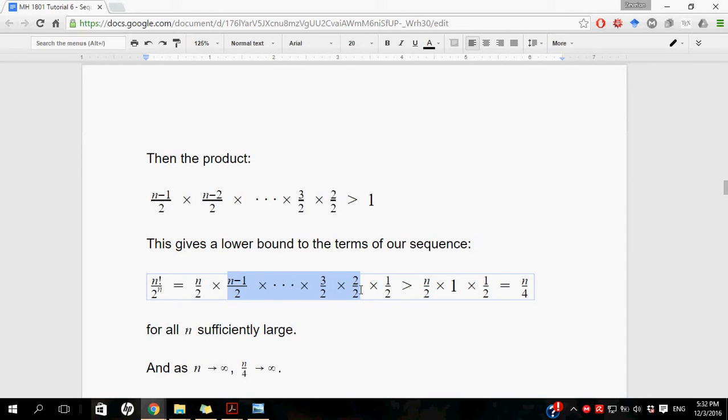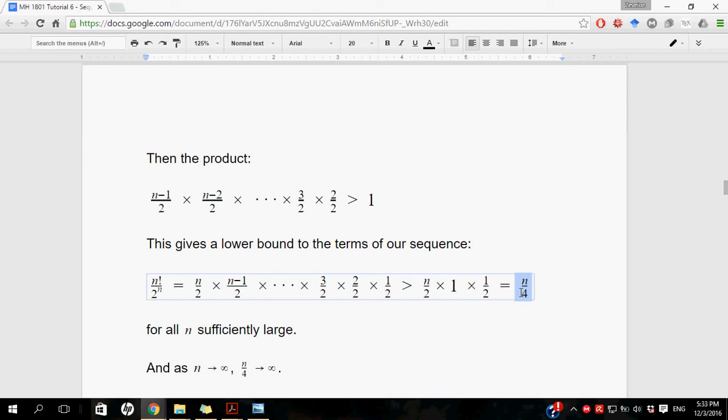This bit is greater than 1, and therefore what would remain when we create this lower bound would be n over 2 and a half. So therefore we do know that n factorial divided by 2 to the n is greater than n over 2 times 1, the lower bound for the terms in the middle, times half. And if we multiply these together, we get n over 4.